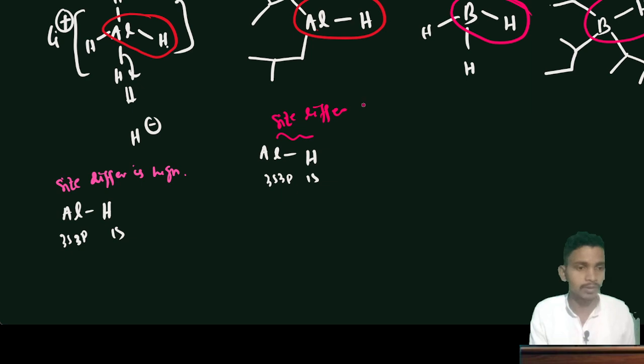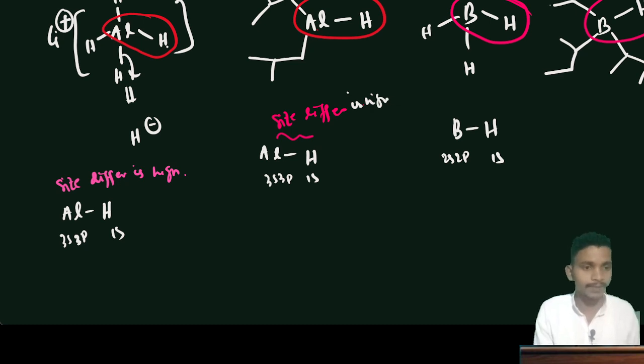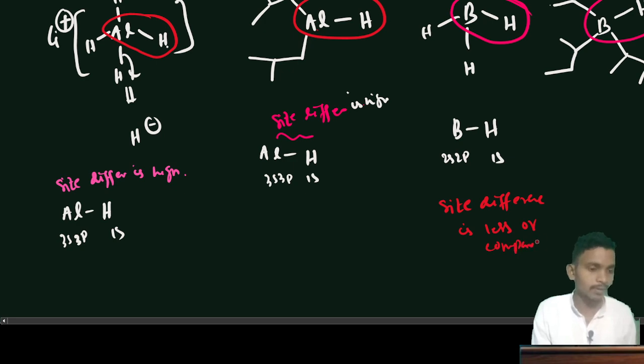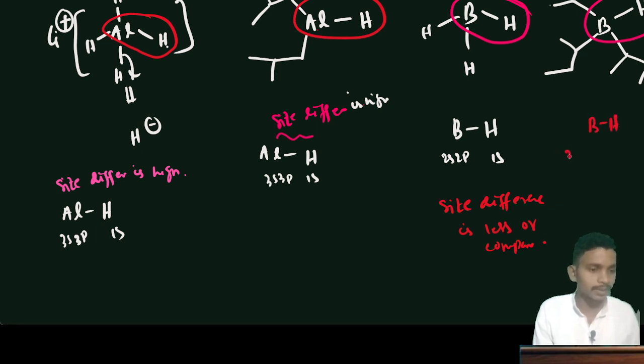But in the B-H bond, this is 2s and 2p and this is 1s, so the size difference is less, or comparable. Here also the same thing, the B-H bond is there, 2s and 2p and 1s, so the size difference is less or comparable.